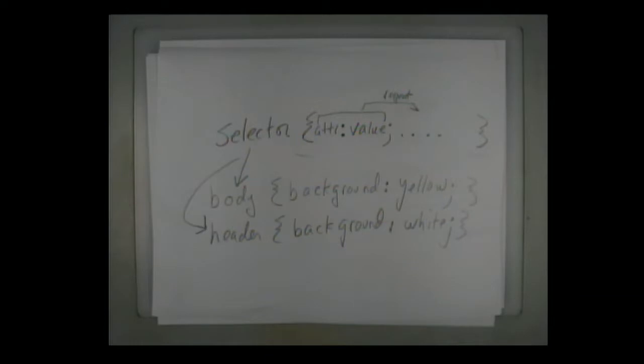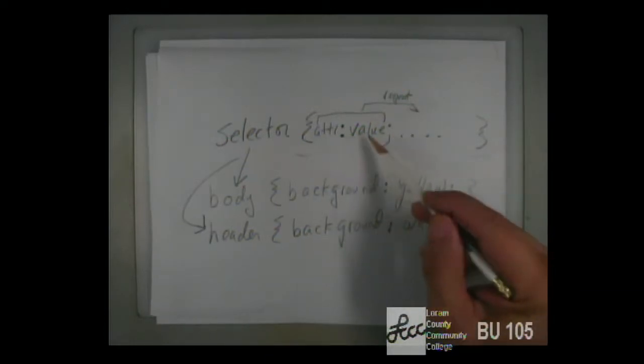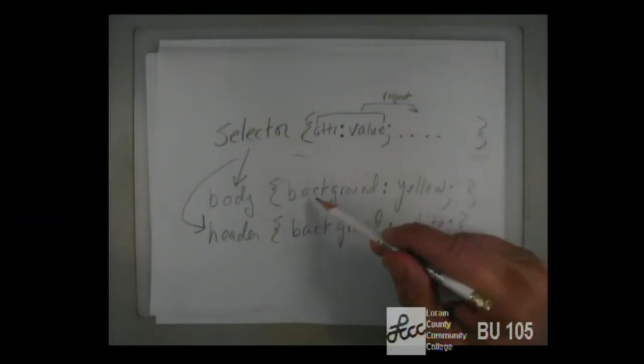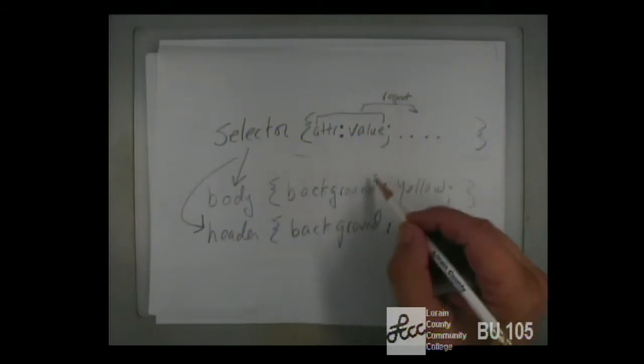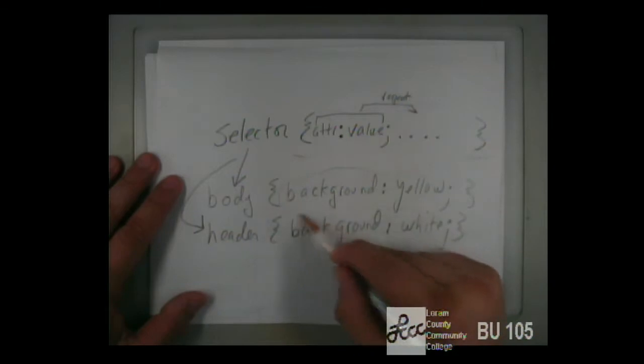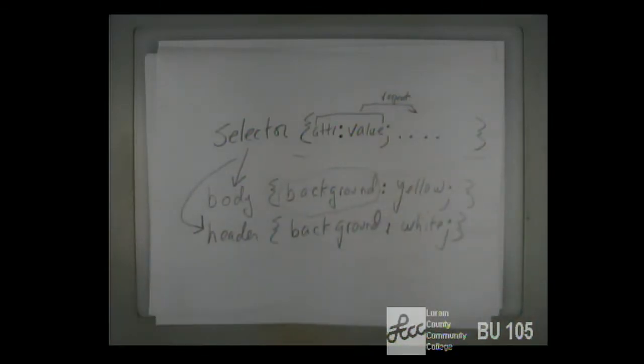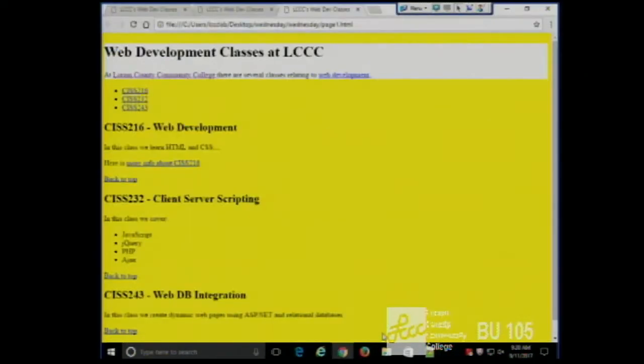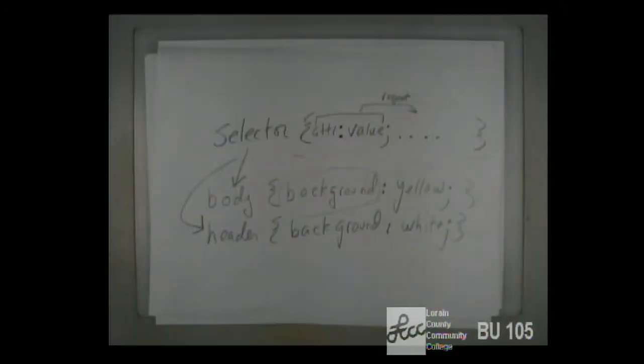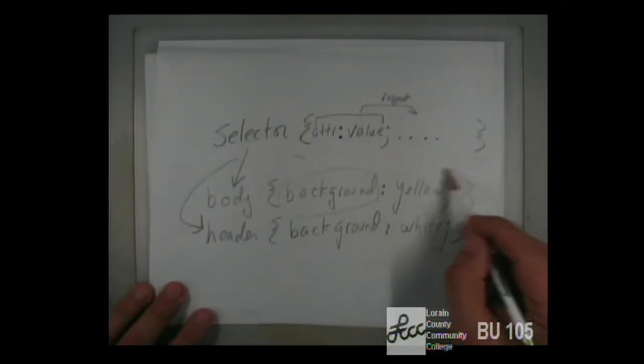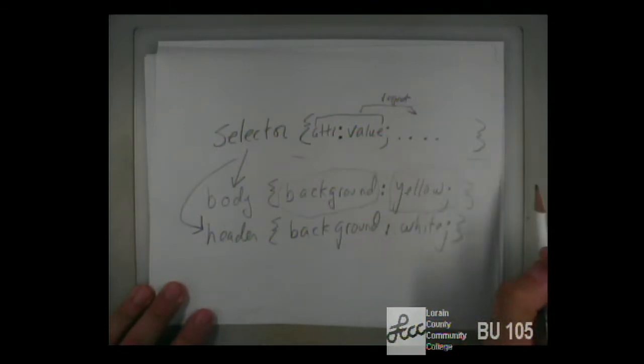So what is the style rule then? Well, again, we could have attribute value and we could repeat it, but we don't repeat it. We just have one. First thing is the name of the attribute, background. And what does background represent? It represents the background color of that tag on the page. What value? Well, for the body, the background is yellow.